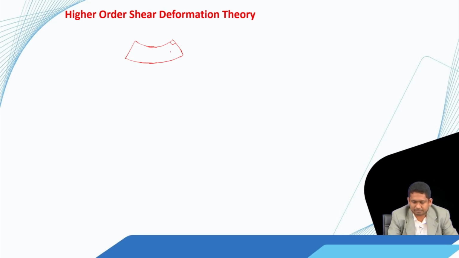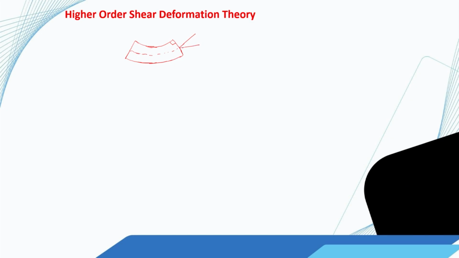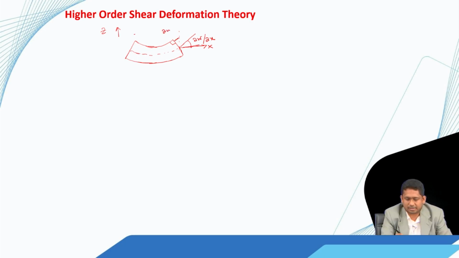And if I draw a line, if I draw a tangent here, and if I take the angle with respect to the horizontal axis, say x, and this is z, this is del w by del x, and then we saw that this angle is also del w by del x.